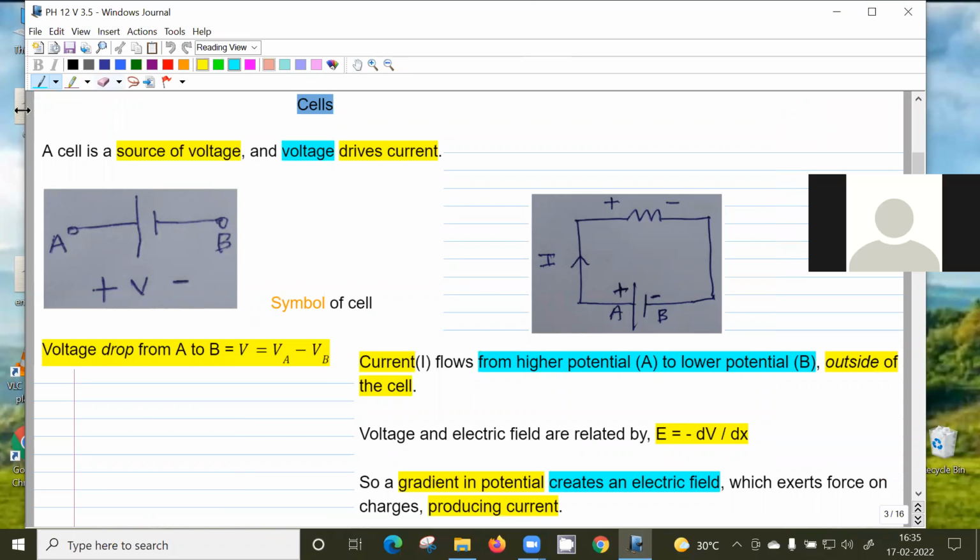I hope you know this theory part so that I can go a little bit faster. This is a cell. B is usually representing the terminal voltage. When I connect an external circuit, like an external resistance, the current will start flowing.